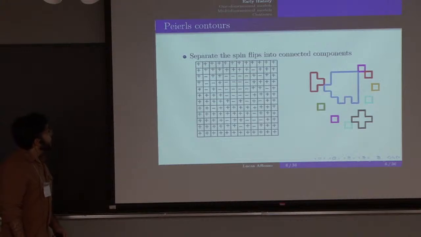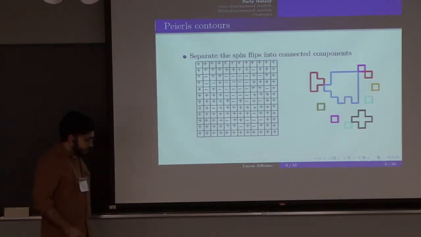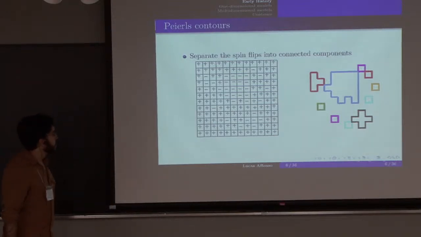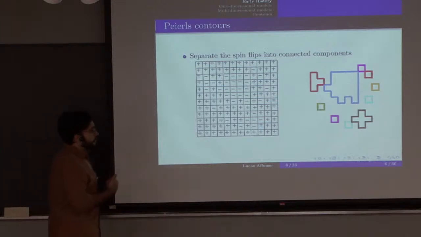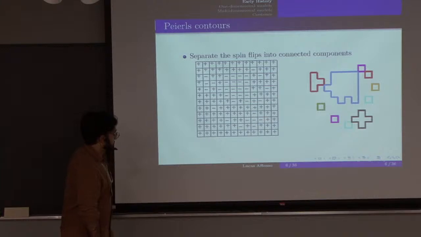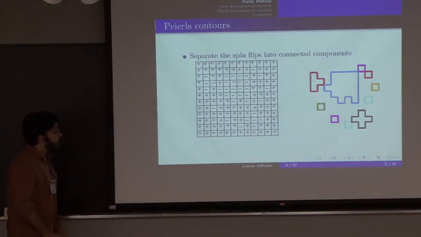So, the idea of the Peierls argument was to give what many of you know as the Peierls argument. You need to find a geometrical representation of a spin configuration that we call contours. In the case of the usual two-dimensional Peierls argument, the idea is just to separate each minus and plus.